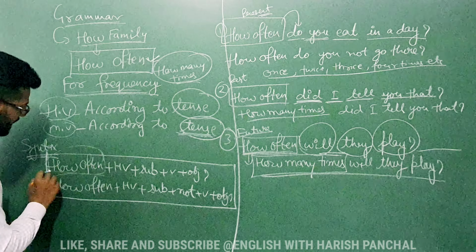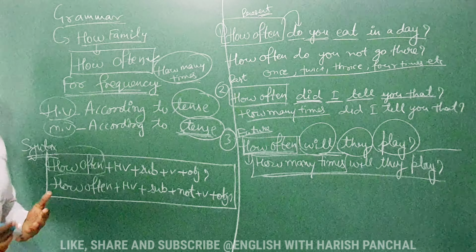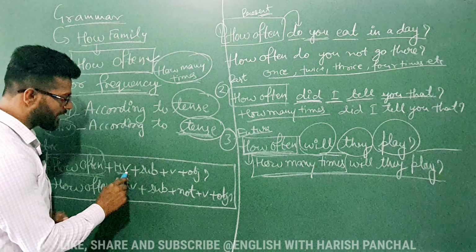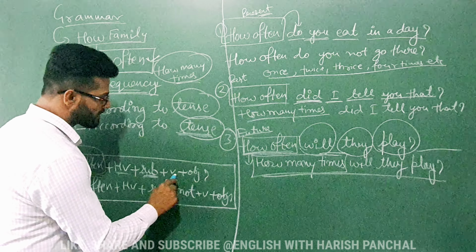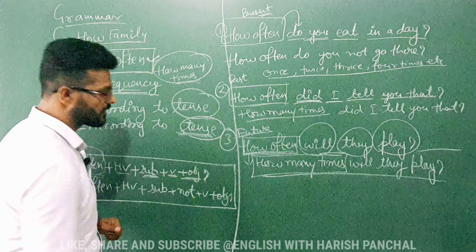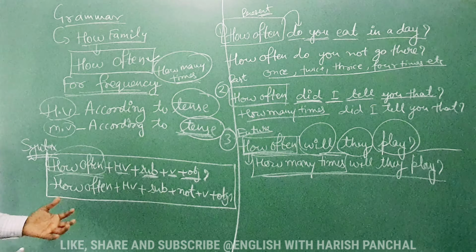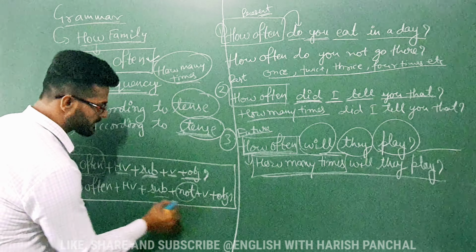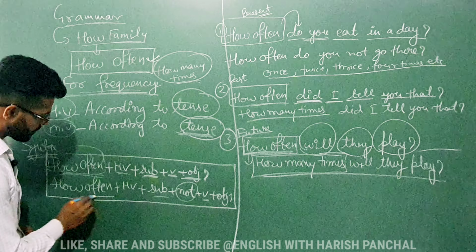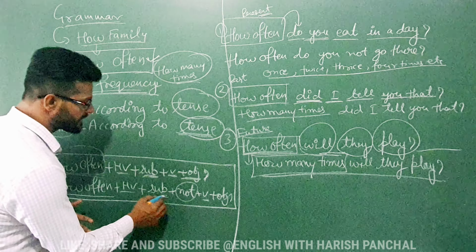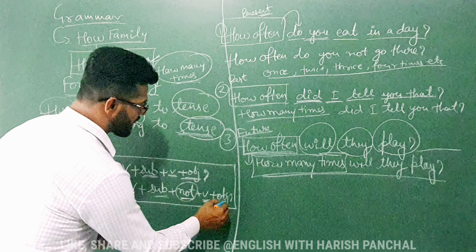When you have to make sentences, you need to follow the syntax. First of all, use how often. After that the helping verb, then your subject, then verb, then the object, and at the end a question mark. If you have to make a negative sentence, you need to put not between the subject and the verb: how often, helping verb, subject, not, verb, and object.